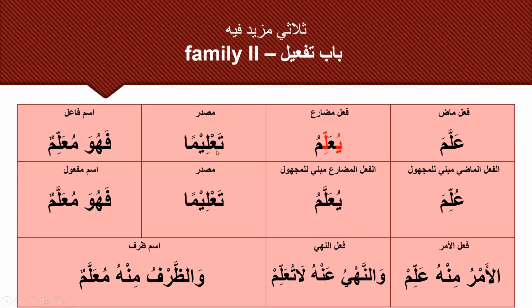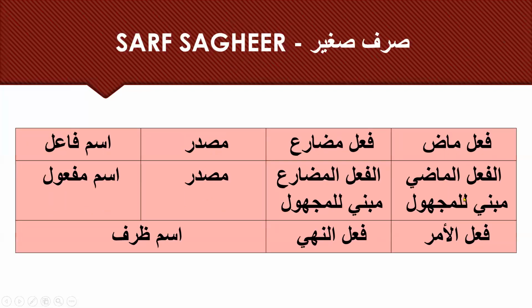So it will be easy for you to memorize if you want to memorize the Arabic terms as well. So Bab Taf'il, you can see here, by putting the root letters in lam and mim, we have made this masdar ta'lim from taf'il, Bab Taf'il, ta'lim, by putting this into a mazid fihi family 2. Alhamdulillah.